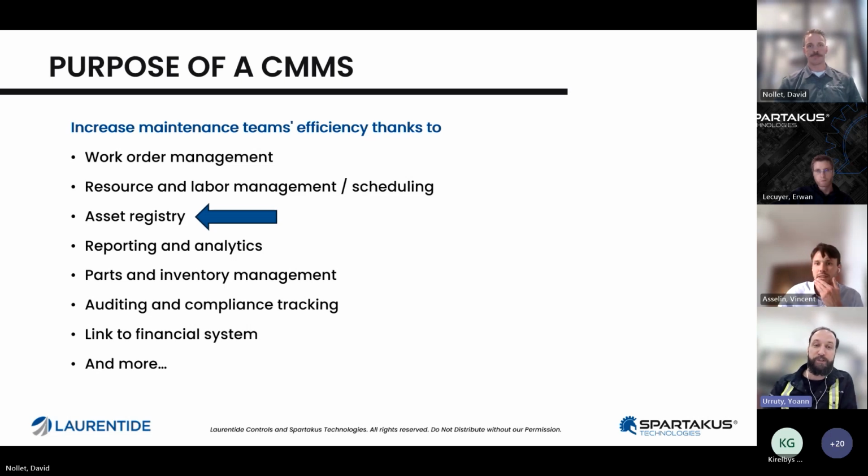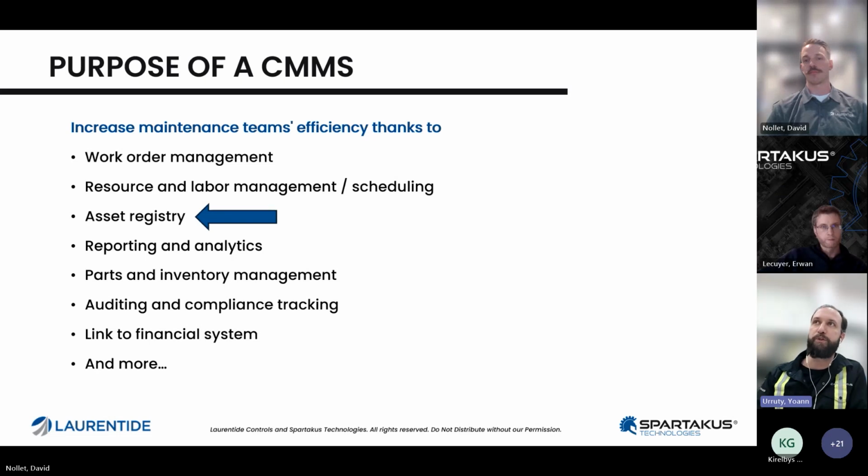So of course, the CMMS systems have brought a great deal of efficiency when they started to appear in the 80s or 90s, really, when we started to have computers embedded into industrial facilities, right? So a lot of gains and still a lot of improvements over time.